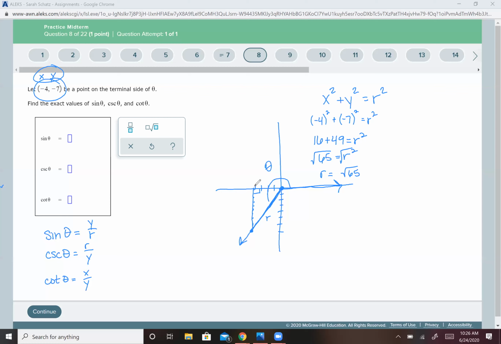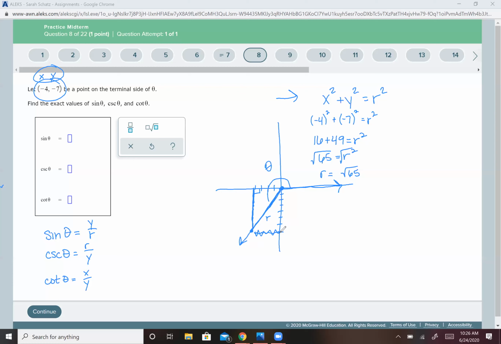And that's something I do want to note: if you really like to draw pictures of all of these examples, you need to make sure that when you're dropping your right triangle, it always goes to the x-axis, either up or down. Your right triangle is never going to be completed by the y-axis.